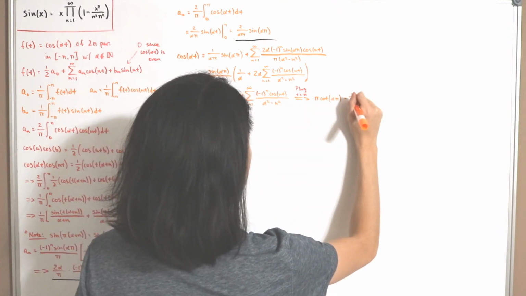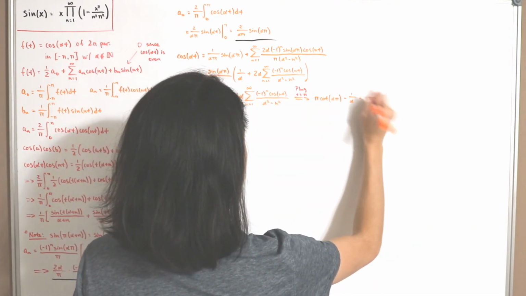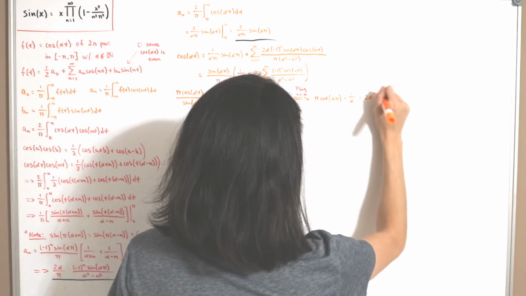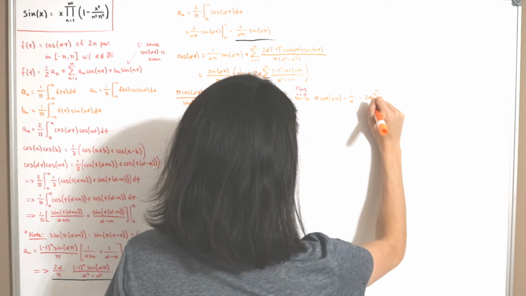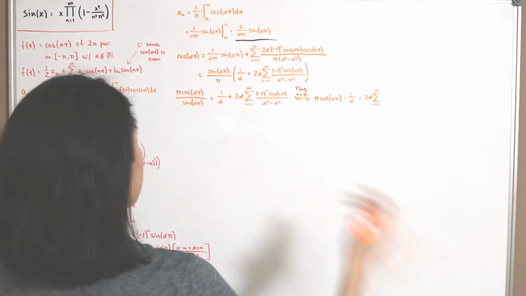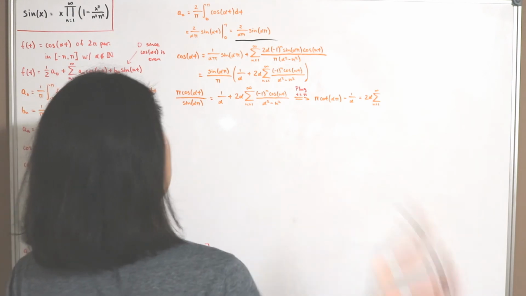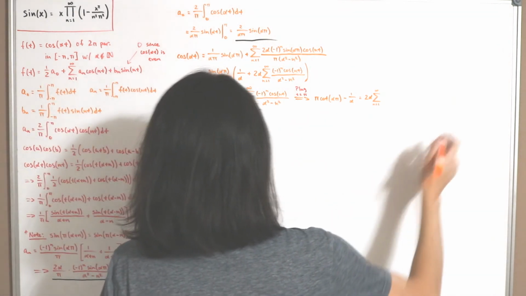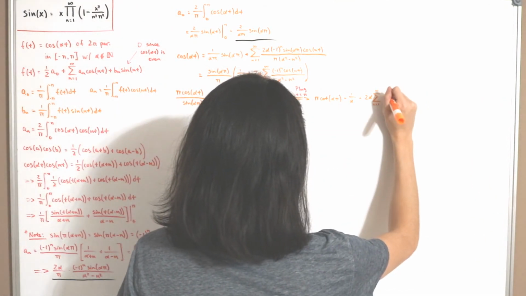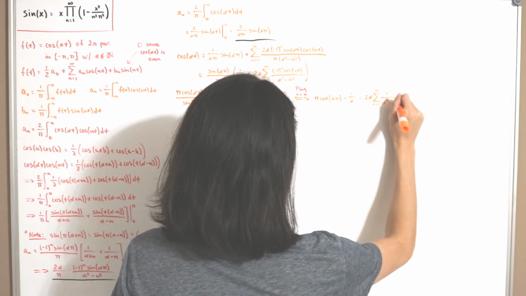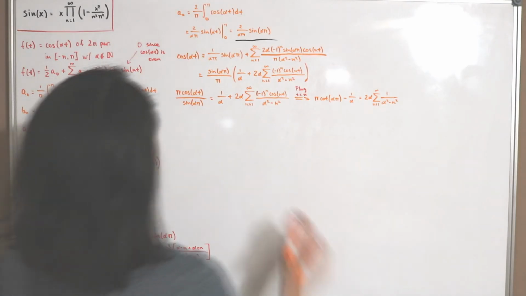So 1 over alpha is over here, and that's equal to 2 alpha multiplied with our infinite series. Notice that if I plug t equals pi into cosine of n t, then it's always going to equal 1 no matter what values of n we choose. So the numerator is always just going to be 1, divided by alpha squared minus n squared.